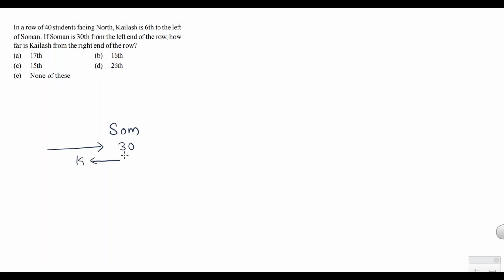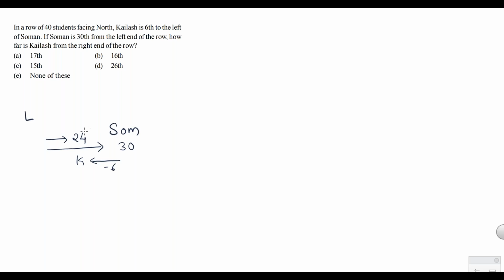Sixth to the left means 30 minus 6. So we can say the position of Kailash from the left hand is 24. Is this clear? Now I'm taking both positions from the left hand. This is the 30th person. If this person is sixth to the left, then it is minus 6. 30 minus 6 is 24.